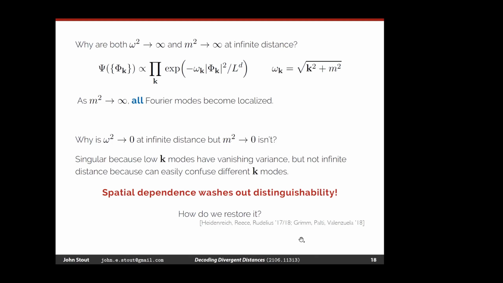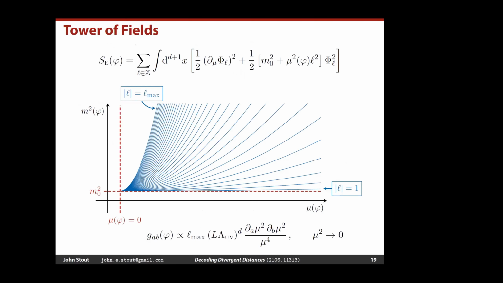So the spatial dependence of the quantum field theory washes out this hyperdistinguishability. And so the natural question is, how do we restore it? This emergence proposal gives us a natural thing to try, which is to consider a tower of fields.